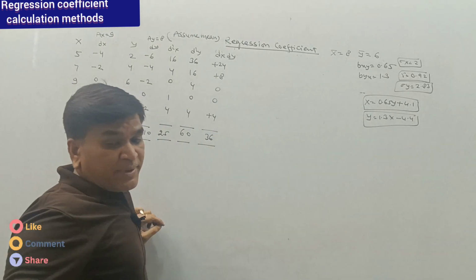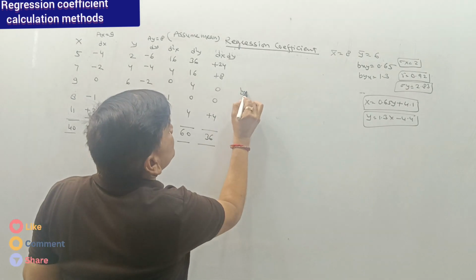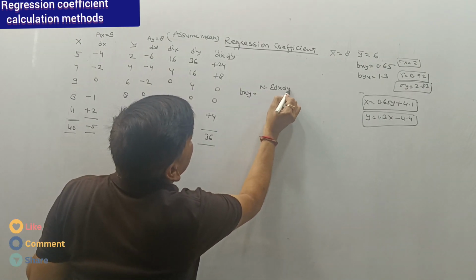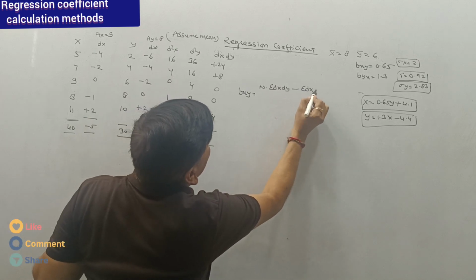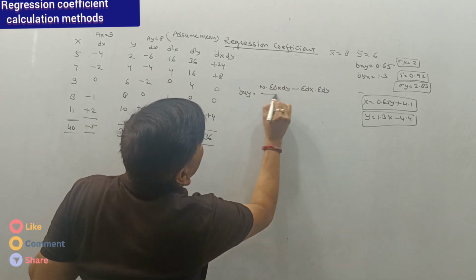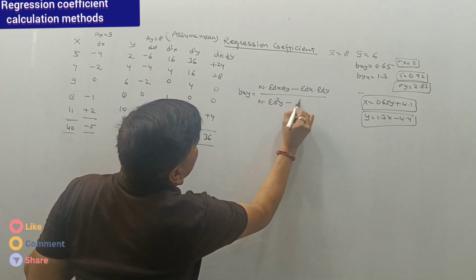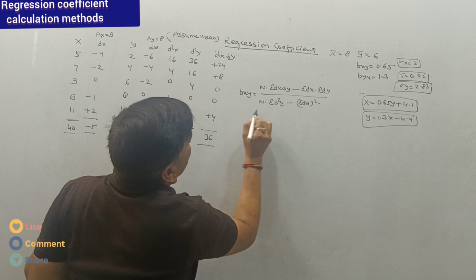Now for bxy, the formula is n multiplied by sigma dx dy minus sigma dx multiplied by sigma dy, divided by n multiplied by sigma d square y minus sigma dy raised to power 2. That was our formula.